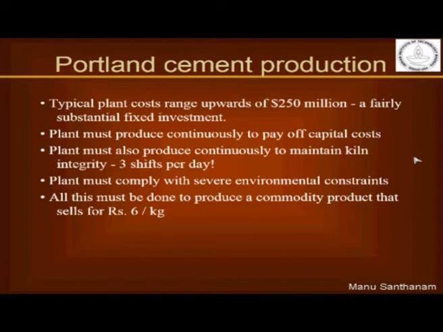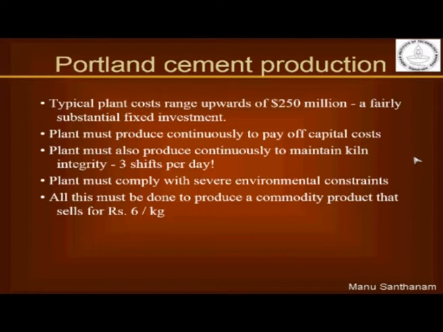And the plants also must produce continuously over the day to ensure that the integrity of the kiln is maintained. What am I talking about there? Supposing you are producing the cement which is coming out of the kiln and you stop the manufacturing of cement for some time. The next batch of material that you put into the kiln will not come out with the same kind of quality, same kind of consistency as the previous batch.